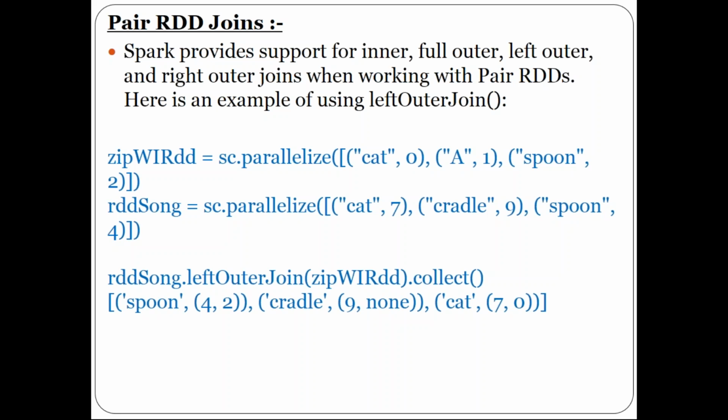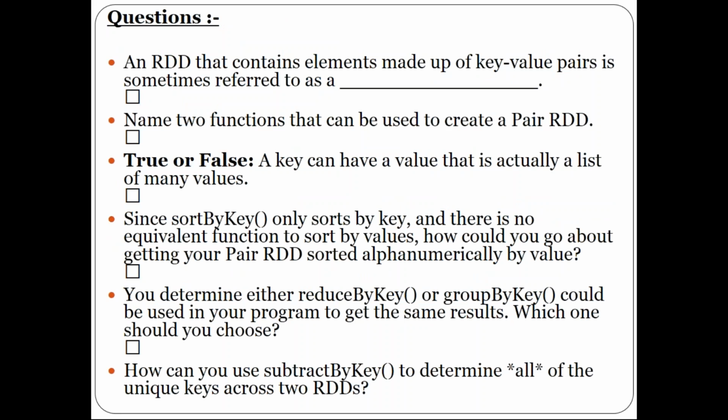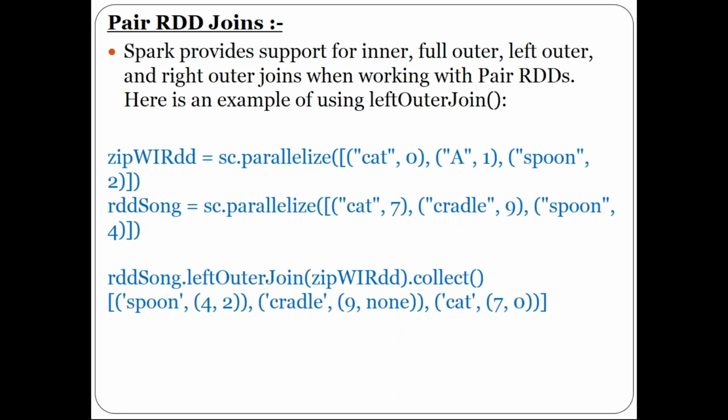And here, if you see, you have two RDDs, and when you do a left outer join, you need to understand how the functions will give you the results. On top of it, whether you are joining the first one with the second one, or the second with the first, is the thing that matters. Now let us go and simply check how we are performing a left outer join.